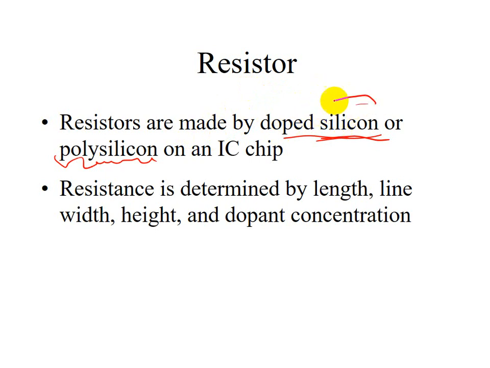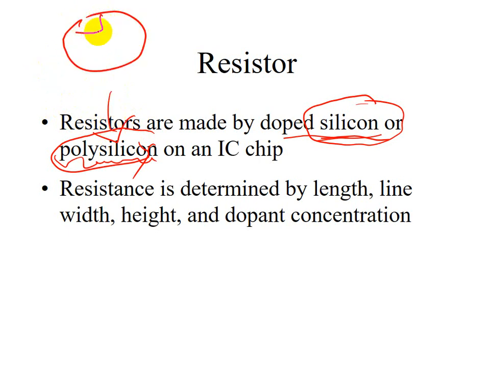Single crystal silicon is a semiconductor material. Polycrystalline silicon, polysilicon, is a polycrystalline material. This is not a semiconductor material.